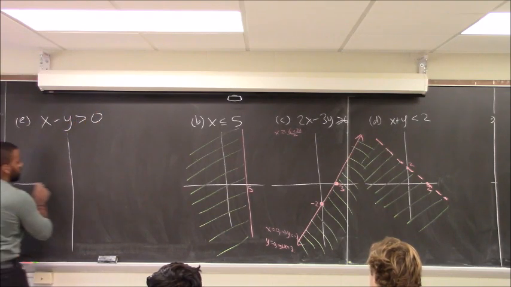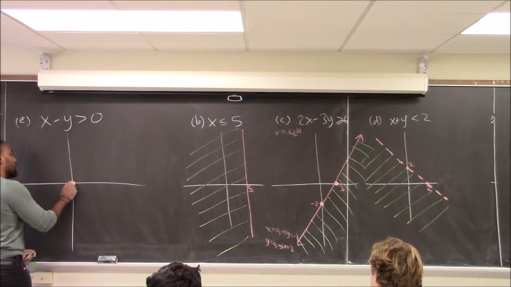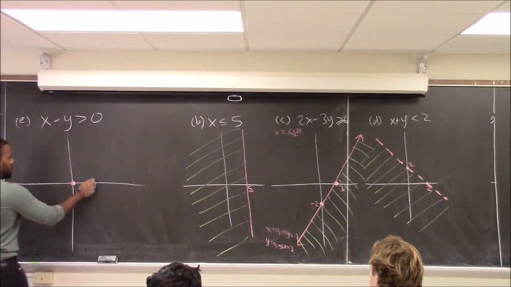Now if we look at this one, if you plug in x equals 0, you get y equals 0. Plug in y equals 0, you get x equals 0. So this only gives you 1 point looking at that. There are a couple ways you can sketch this one though. One is to plug in another random point. You'll notice that if you plug in x equals 1, your y would also give you 1.